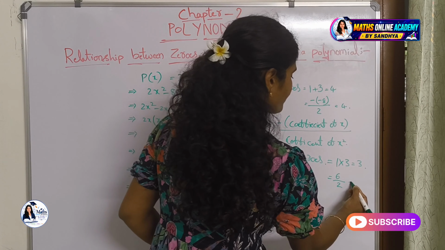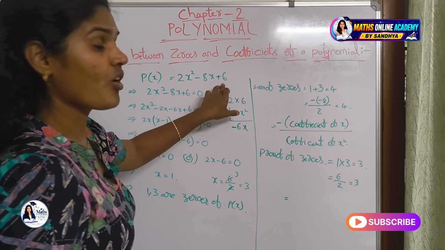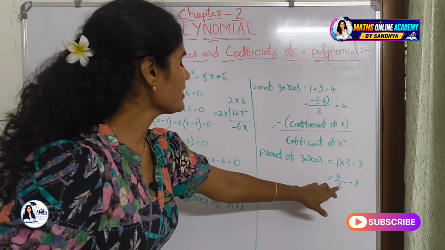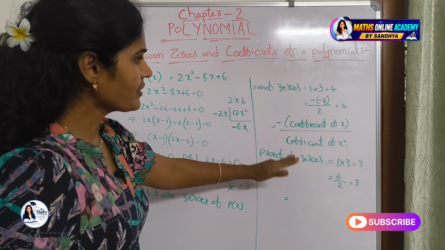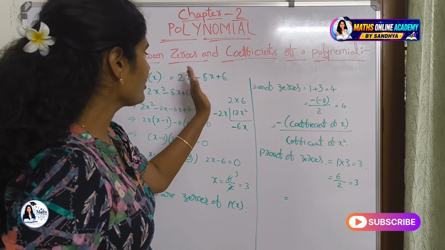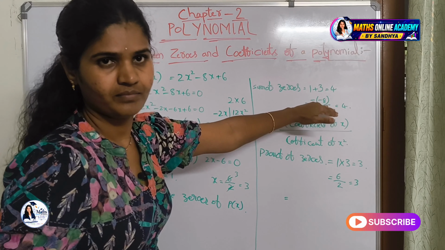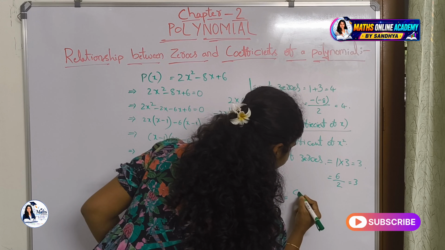So again it will come 3. So what is the 6 here? Constant term. And 2 is the coefficient of x square. When you substitute the values, this is the process. So 6 means constant term.